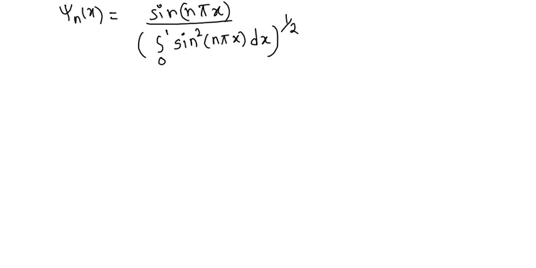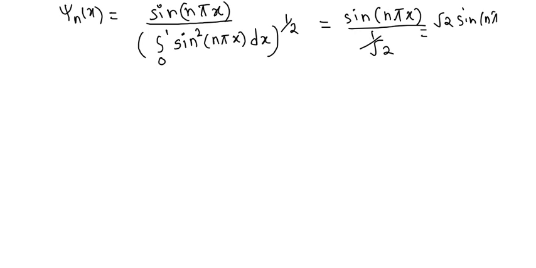So this will be root of 2, right? So sine of n pi x divided by 1 upon root 2, so that is root of 2 into sine of n pi x. So these are the corresponding normalized eigenfunctions.